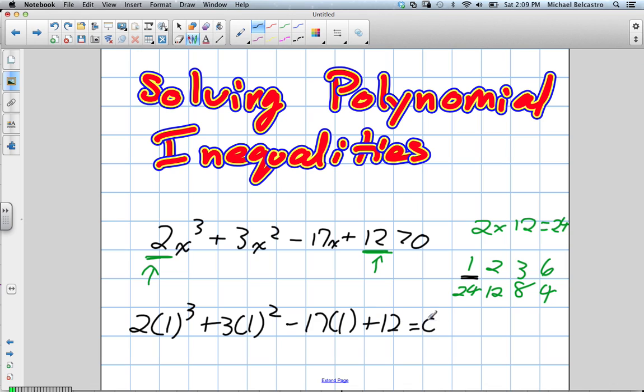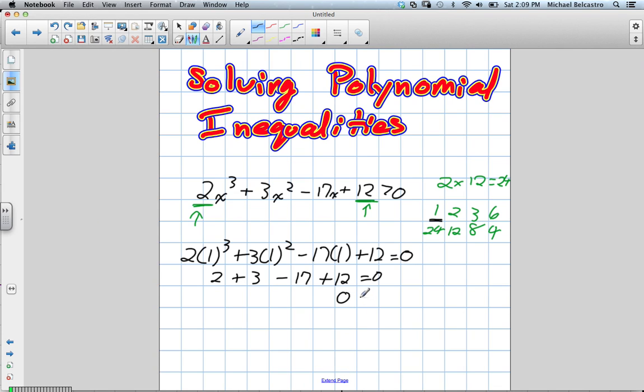We need it to equal 0 in order to factor. So 2 plus 3 minus 17 plus 12 is equal to 0. Let's find this out. 2 plus 3 is 5, plus 12 is 17, and negative 17 plus 17 ends up being 0. Okay, so in this case, 1 is a factor.